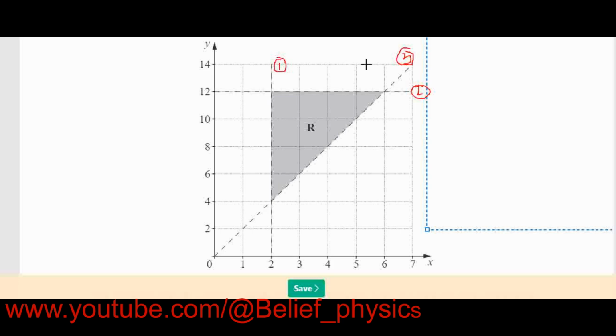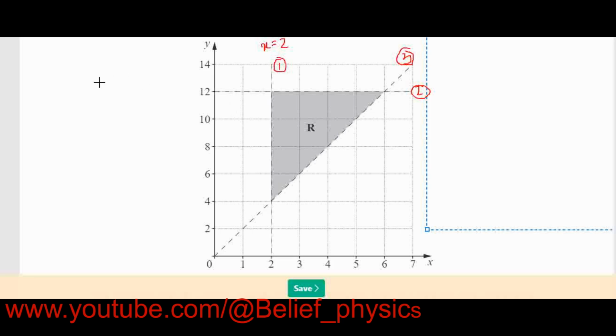One of these inequalities is x greater than 2, because we know that this line is x equals 2 and the shaded region is on one side of this line. So one inequality is x greater than 2. We have to find the other two inequalities. This is part A. Okay, so let's solve it.